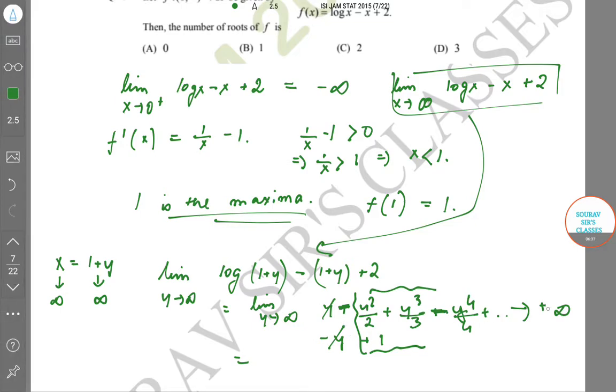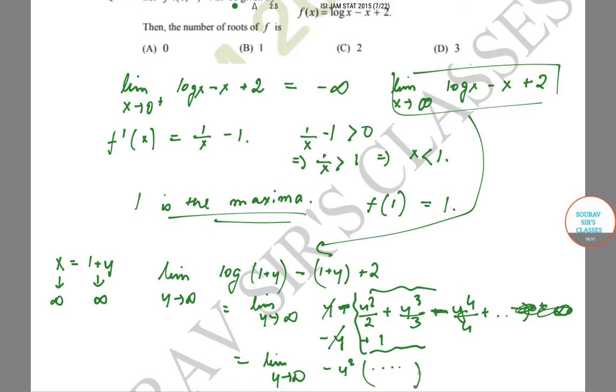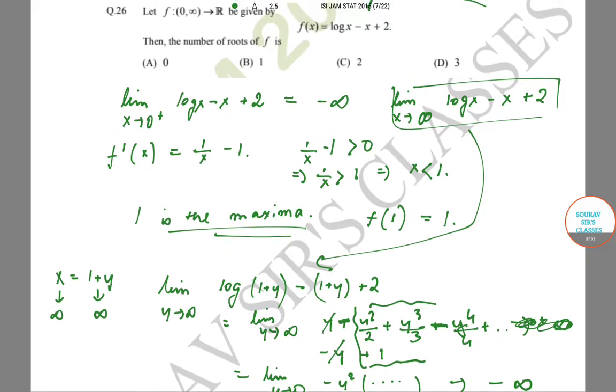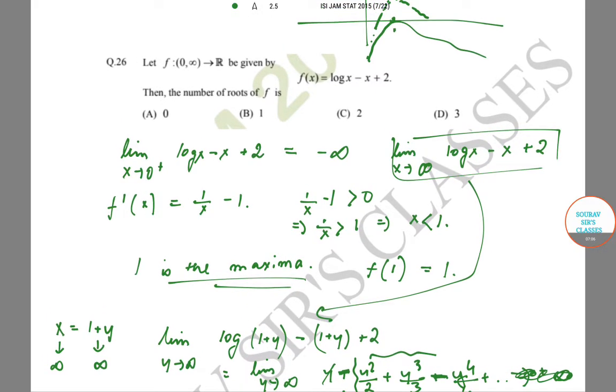So the minus 1, the minus y and plus y get cancelled out, and we have limit y goes to infinity of minus y square times some function of y which goes to infinity, and we have a minus sign, so this of course goes to minus infinity and not plus infinity as I claimed earlier. So the function goes to minus infinity on the right side again, and so it crosses 0 exactly twice. So the number of roots of f is 2. The correct answer is C.